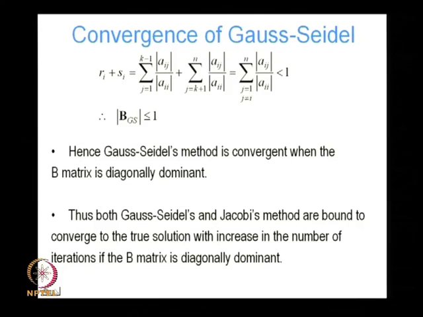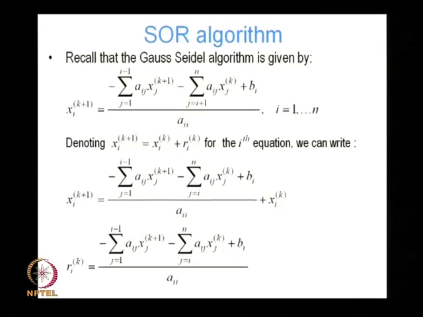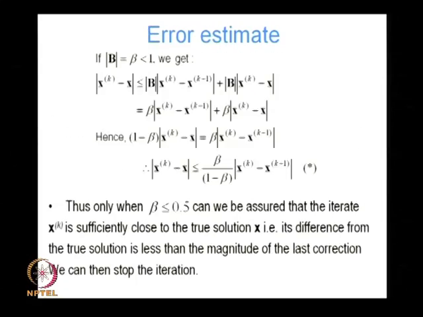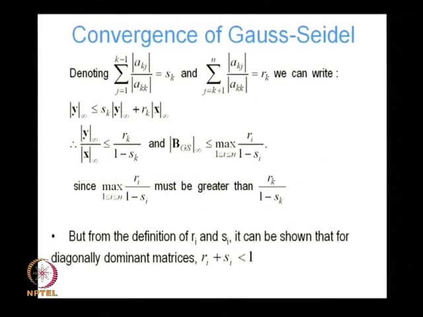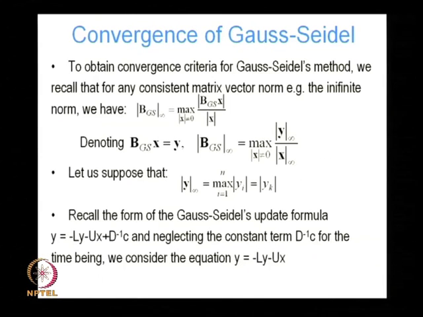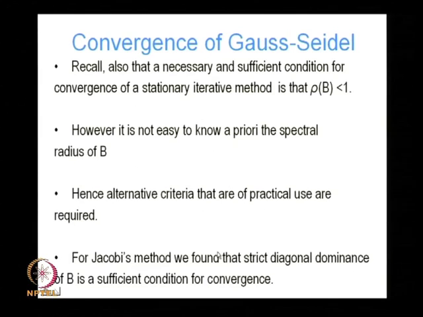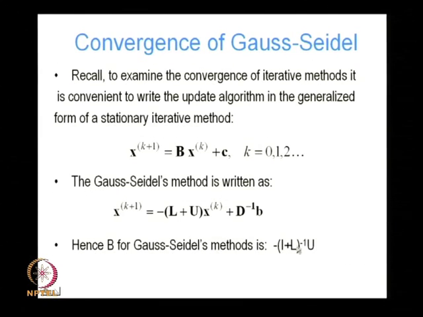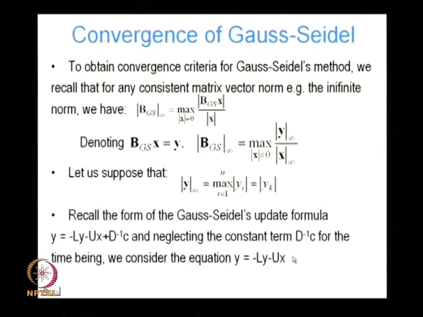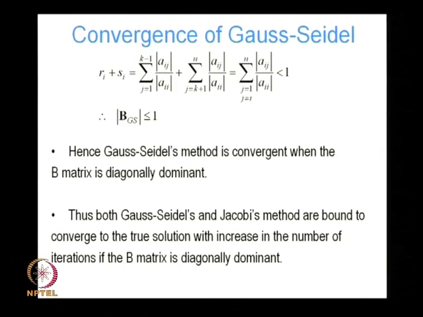If my B matrix, which for Gauss-Seidel is given by this, is diagonally dominant, then I am guaranteed that my Gauss-Seidel iteration is going to converge after a certain number of iterations.